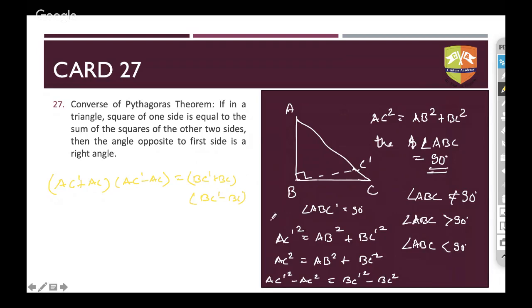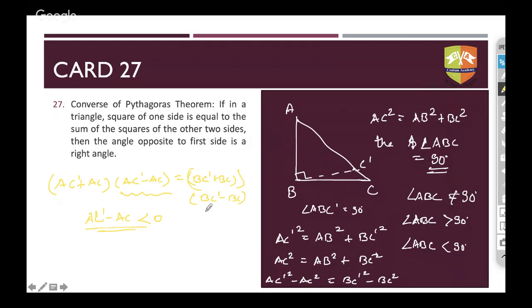Okay. Now, what do I learn? This is a positive quantity, so AC dash minus AC is negative. So this quantity, AC dash minus AC, is clearly less than 0. Why? Because AC dash is smaller than AC, so this quantity is negative.